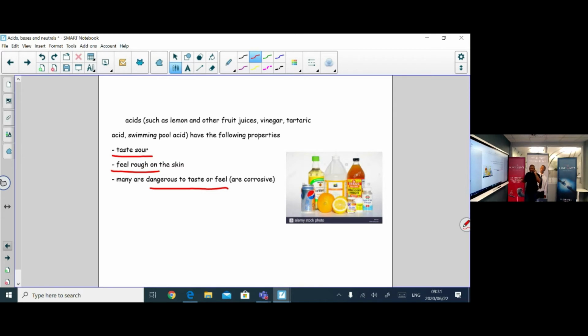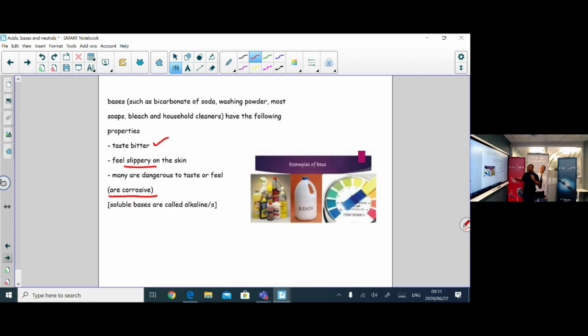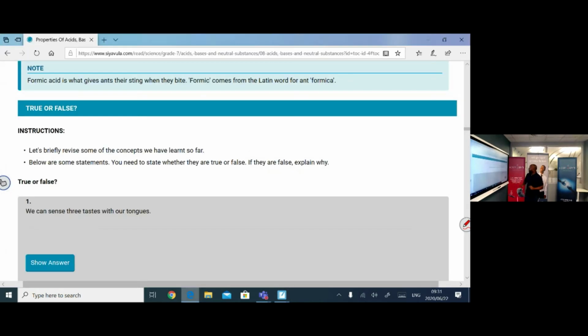So I would want you to try and pick the sour or the bitter taste in the different liquids that you're going to drink, for you to be able to give me more examples of acids and bases. Right. Having said that, I want us to move on to the next activity.